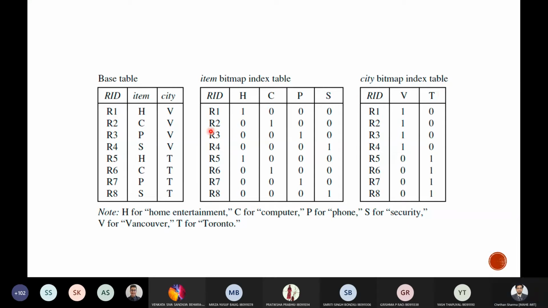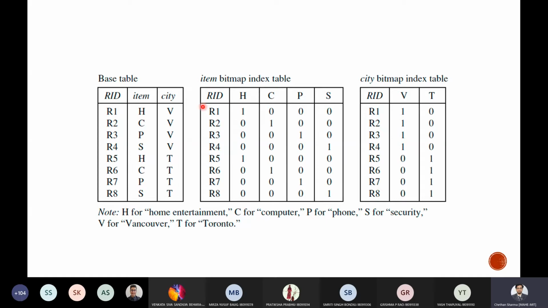In R1 of the base table there is only H, so under H you will write 1, and the rest will be 0. In R2 there is only C with respect to item, so in the item bitmap index table under R2 only C will be 1, and the remaining three will be 0.